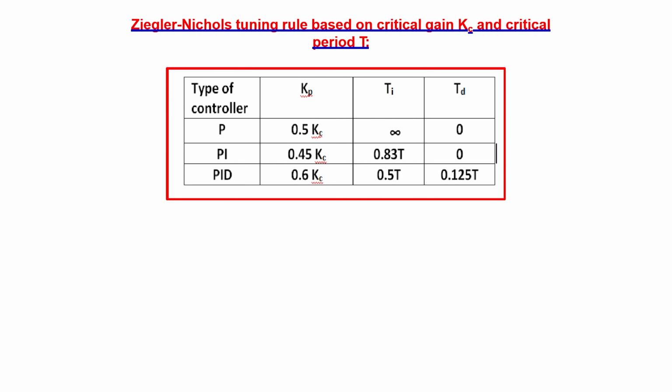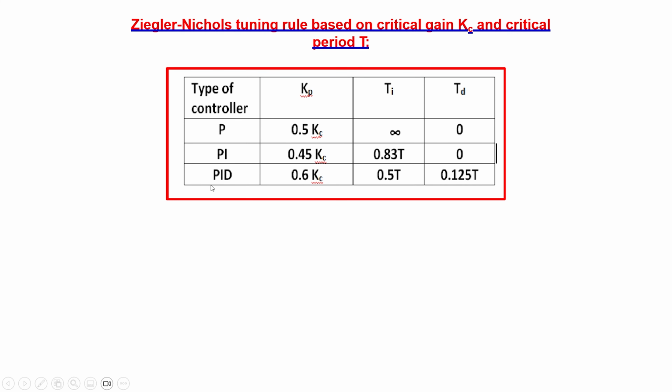And now let us find the parameters for the controllers. For the P controller, the Kp value will be 0.5 Kc, Ti will be infinity and Td will be 0. For the PI controller, the Kp value will be 0.45 Kc and Ti will be 0.83 T, and Td is 0.